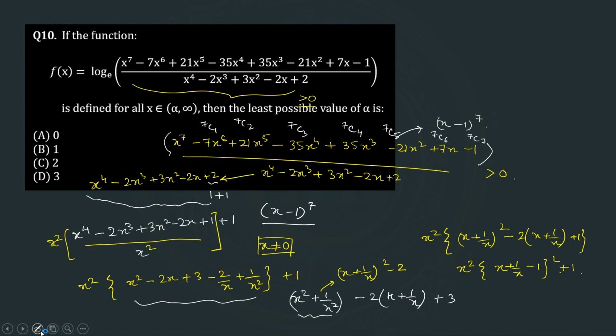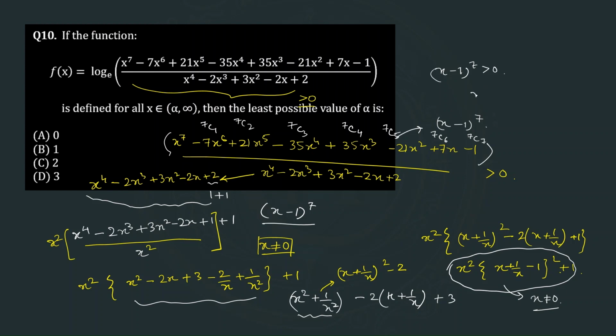Now this denominator is this, and for this to hold true, x should not be equal to 0. So we can say the denominator is always positive because this is some square and this is plus 1. So this denominator is always positive, so we don't have to consider its sign. So our inequality becomes x minus 1 whole to the power 7 is greater than 0.